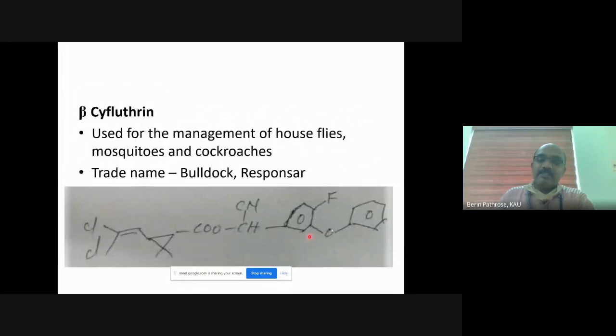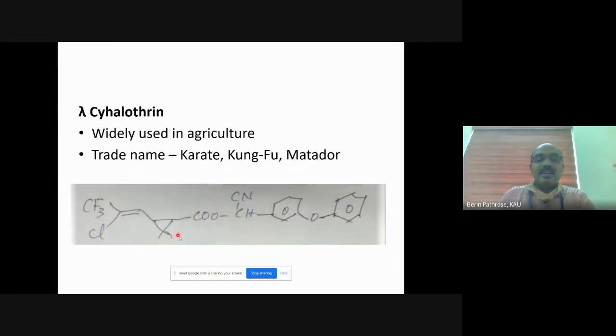In beta cyfluthrin, the only difference is the phenoxyphenyl ring having a fluorine atom. And in lambda cyhalothrin, one chlorine atom is replaced with CF3. That is lambda cyhalothrin, one of the most widely used pesticides in agriculture, especially in Kerala. Several trade names are Karate, Kung Fu, Matador, etc. Karate is one of the most popular trade names of lambda cyhalothrin in Kerala.